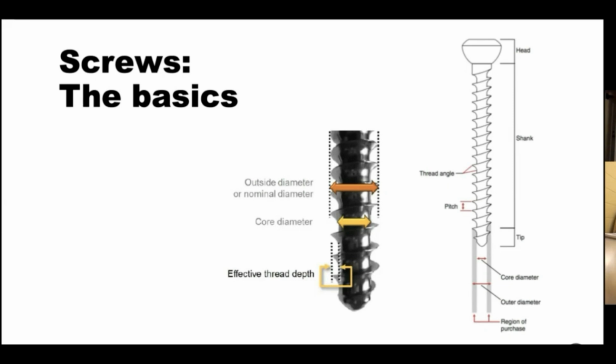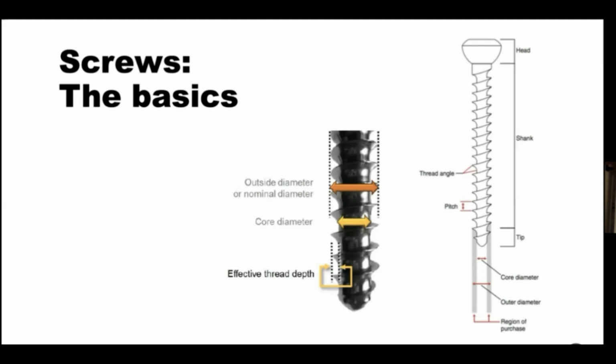Principles of the basics. You'll notice in the center image that it's important to understand that there's a core diameter and an outer diameter of the screws. The reason that's important is because you'll hear us call for different drill bits. In general, the drill bit you're drilling with is the one that corresponds to the core diameter of the screw, okay? And the size screw that you ask for corresponds to the outer diameter of the screw.